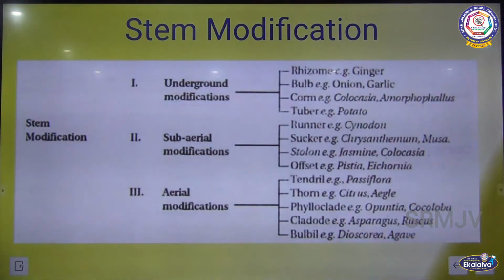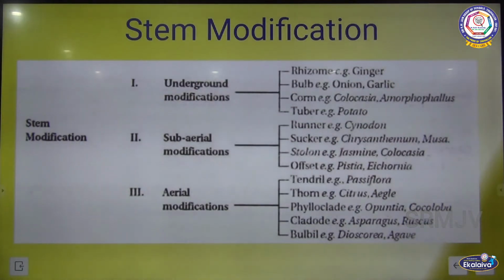Now, when we see the stem modification, it can be broadly studied under three subheadings. One, underground modification, the second one, subaerial modification, the third one, aerial modification. In underground modification, we are going to see the rhizome, example ginger, bulb, onion and garlic, corm, Colocasia, tuber, potato.